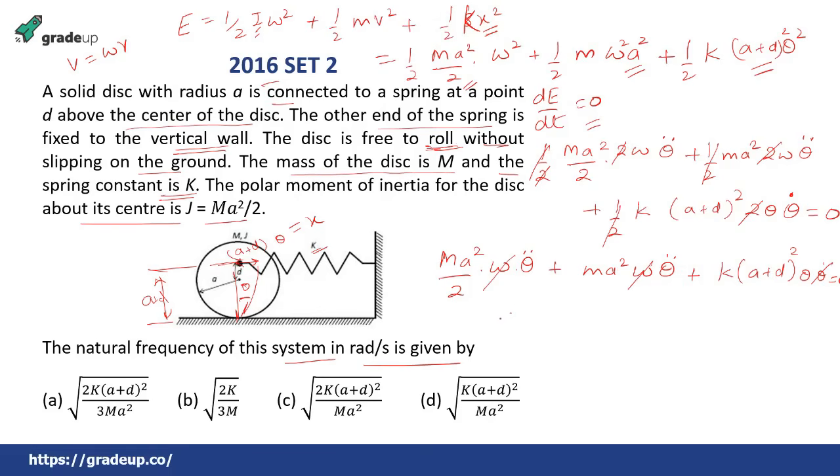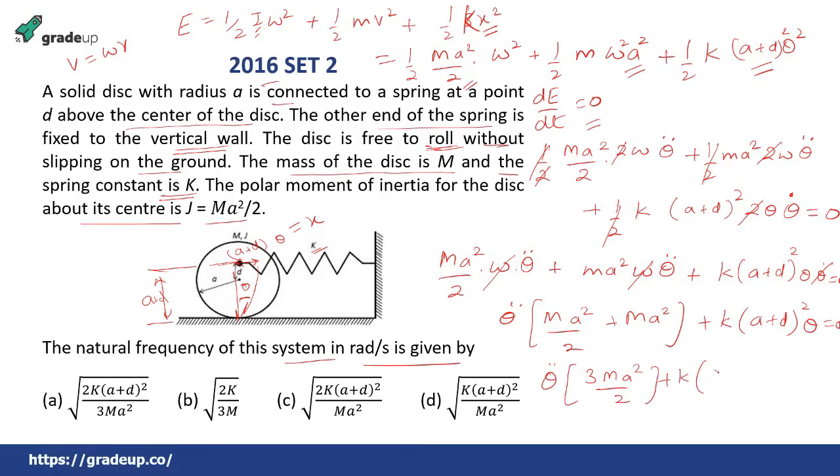We are left with theta double dot common. We get ma square by 2 plus ma square, plus k a plus d square theta equal to 0. Okay, theta double dot, now this becomes 3 ma square by 2 plus k a plus d square theta equal to 0. Now the equation has been converted into the generalized equation.